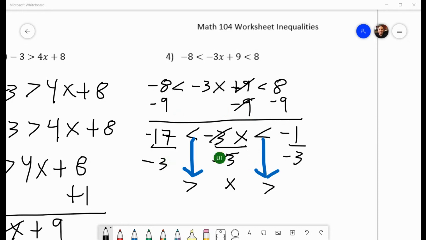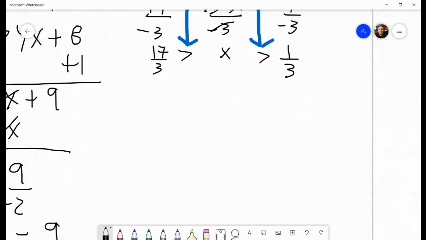So we have x in the middle, 1 over 3, 17 over 3, like so. Okay, good. So almost there, because now we have our answer. So this is saying that x has to be between 1/3 and 17 over 3.